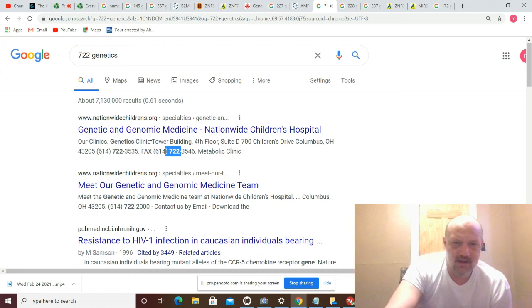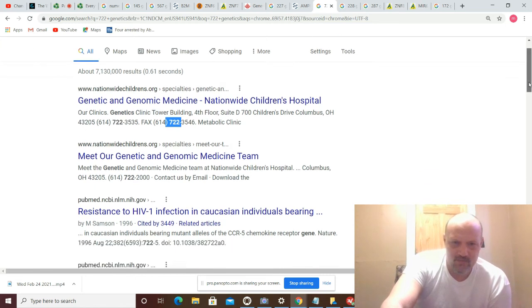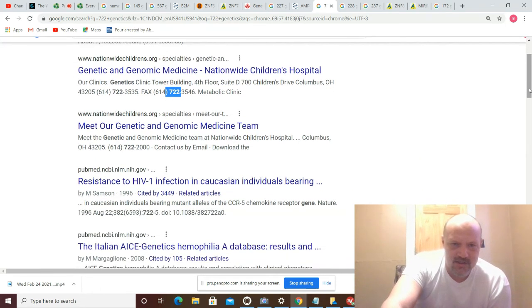And you also have resistance to HIV-1 infection in Caucasian individuals bearing alleles of CCR5, chemokine receptor gene, 722 right there.